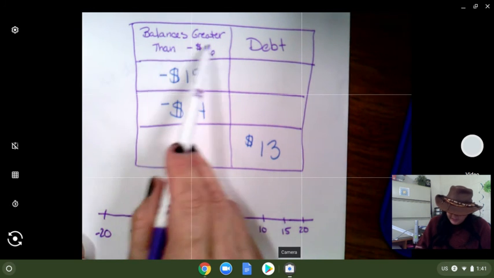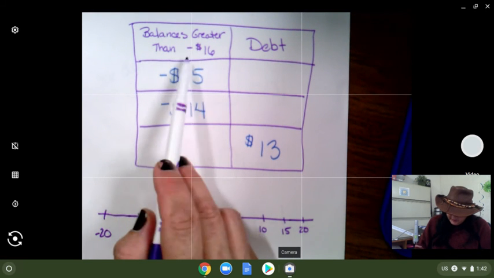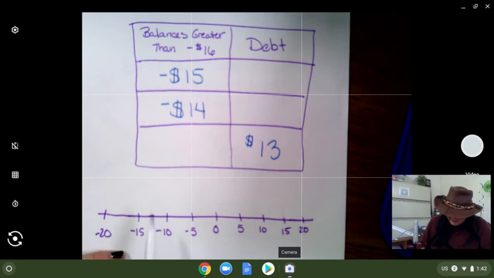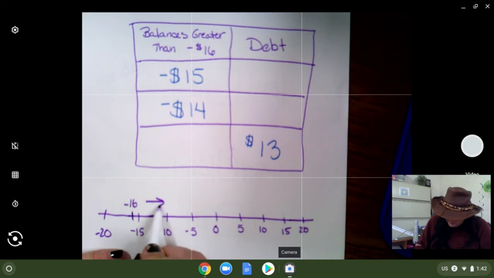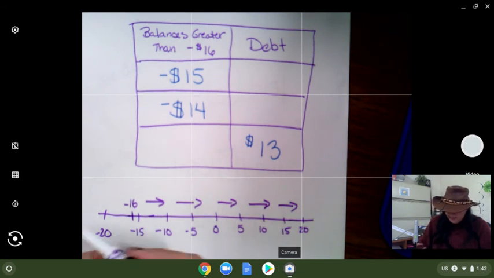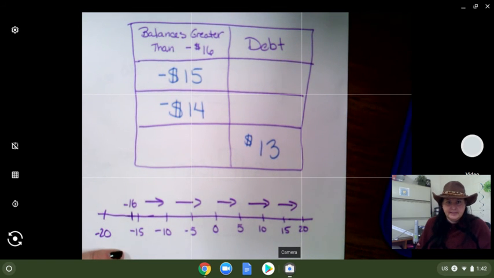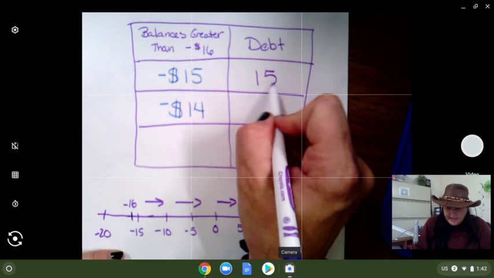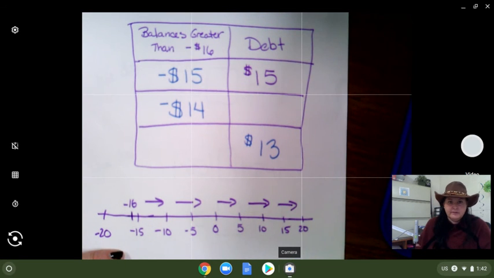And it's asking us for balances greater than negative 16. So negative 16 would fall right here. And all of the numbers this way are going to be greater than a negative 16. This way would be smaller than the negative 16. So if we have a negative 15, our debt would be a debt of $15.